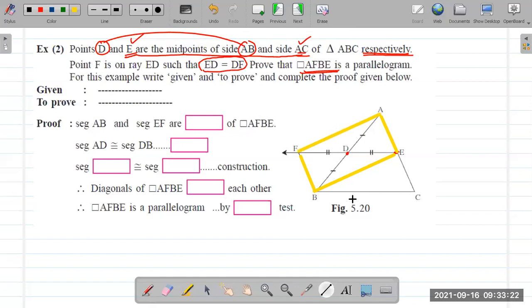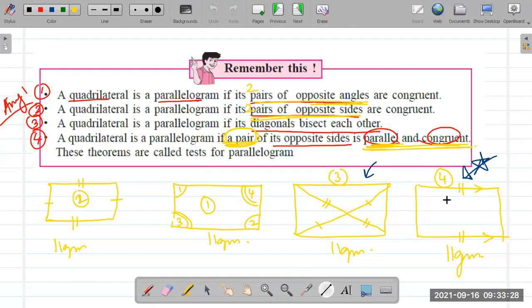Now, just by looking at the diagram, you can identify where the properties are. Look at these four diagrams. To prove that a quadrilateral is a parallelogram, we can use any one of these four properties. Just by looking, you can see that this property is going to be used because the diagonals are bisecting each other.